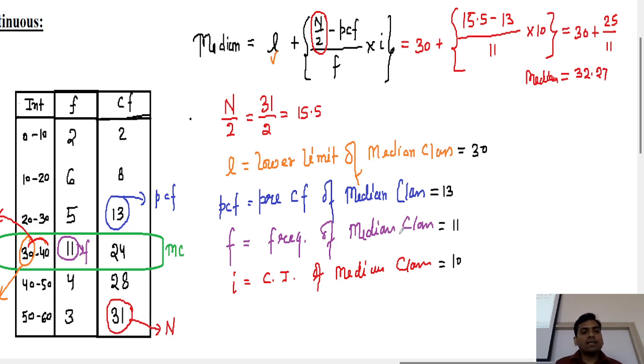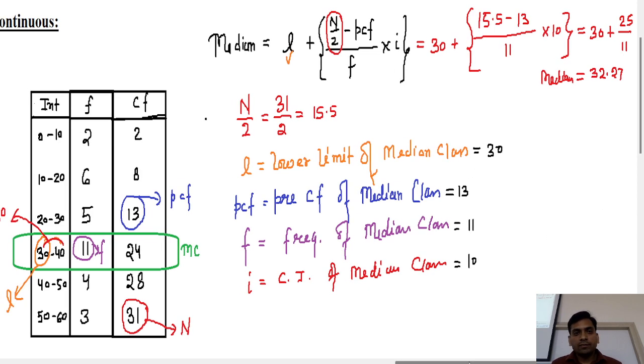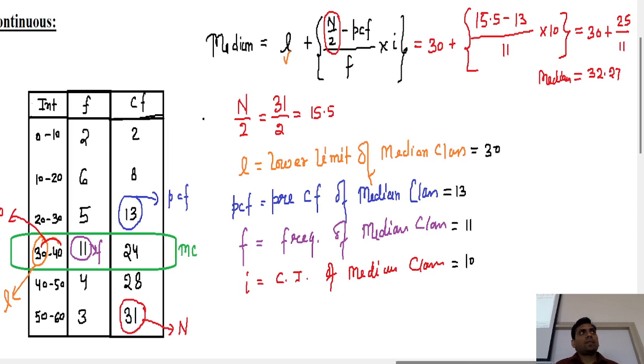Okay, so first task in continuous data is what? First task is CF. Clear? So this is the CF column. Then we will find capital N, and after that we will write the formula. In the formula, you will start this question with N upon 2.